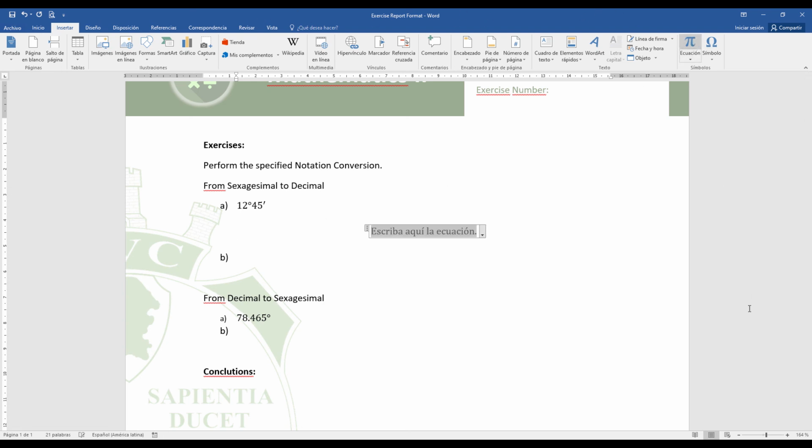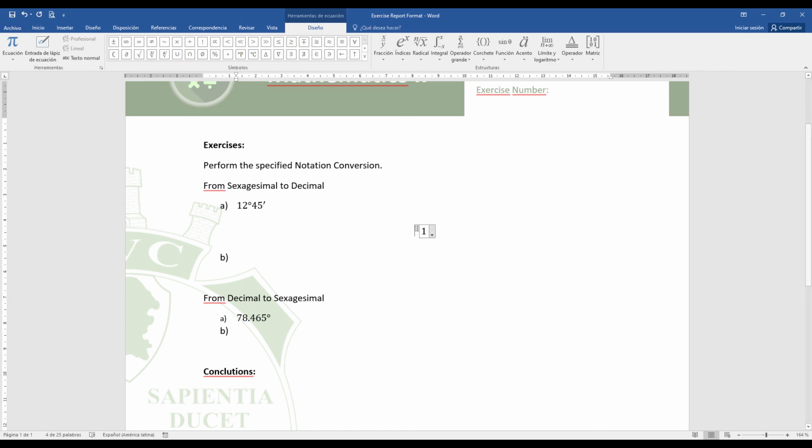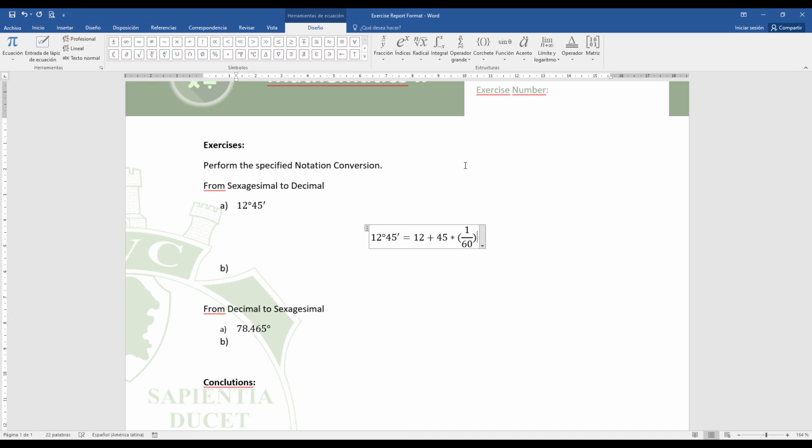So here we will convert 12 degrees, this is the symbol, 45 minutes. Yeah, you need to do that. 12 plus 45 multiplied by 1 divided by 60. Yeah, the conversion.